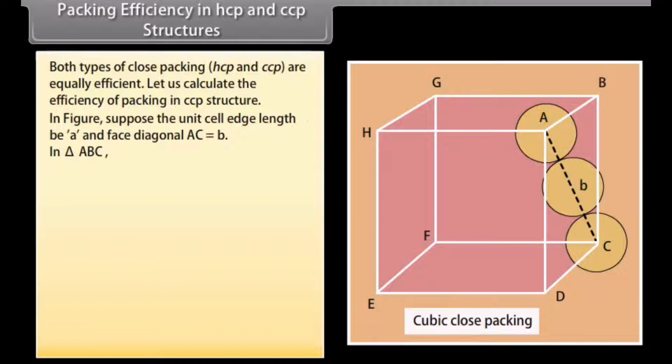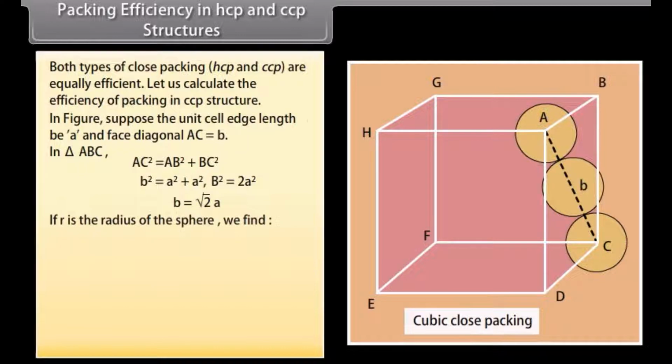In triangle ABC, AC squared is equal to AB squared plus BC squared, or b squared is equal to a squared plus a squared, or b squared is equal to 2a squared, or b is equal to square root 2 a. If r is the radius of the sphere, we find b is equal to 4r, which equals square root 2 a, or a is equal to 4r upon square root 2, which is equal to 2 square root 2 r.